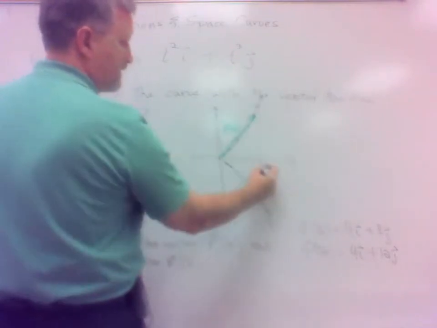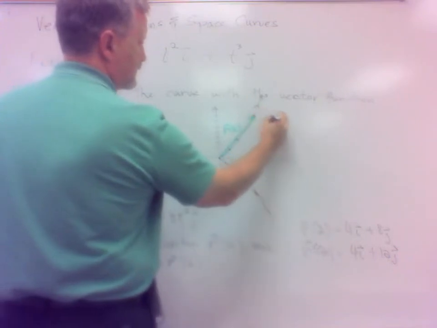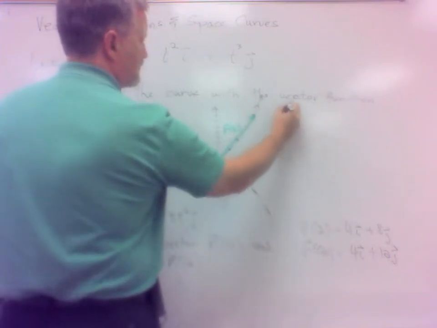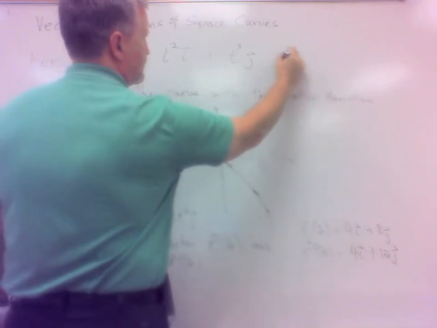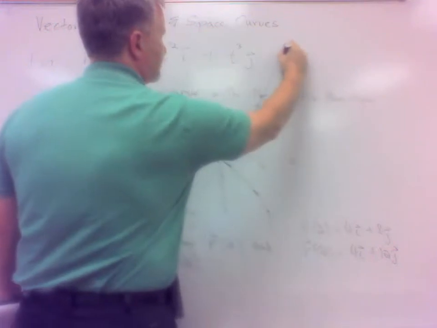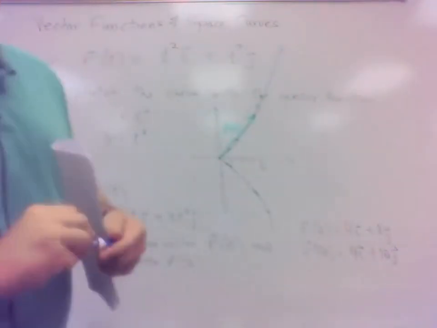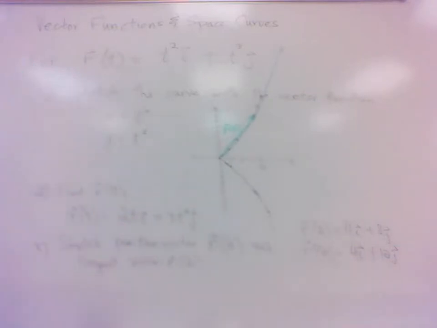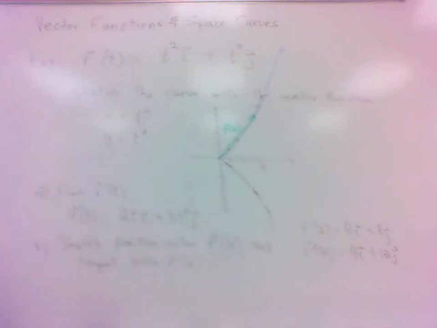So we've got 4 in the i, so that would be this way, and then 12 in the j, so 1, 2, 3, 4, 5, 6. So that would be something like that, right? One way we could designate it. And we see there we've got a tangent, looking pretty well tangent at our terminal point.